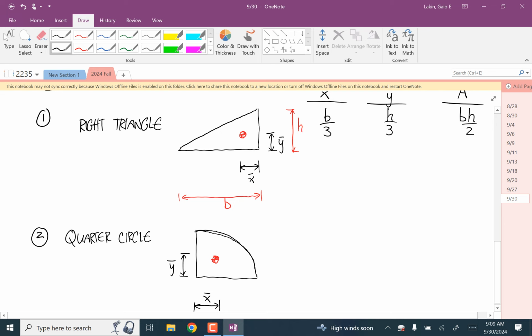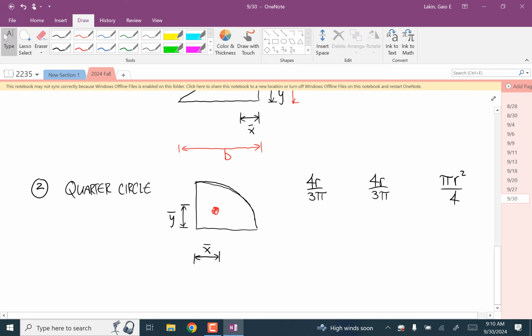X bar is 4r over 3 pi. Y bar is the same. And the area is just the area of a circle divided by 4, so pi r squared over 4. And this is r.